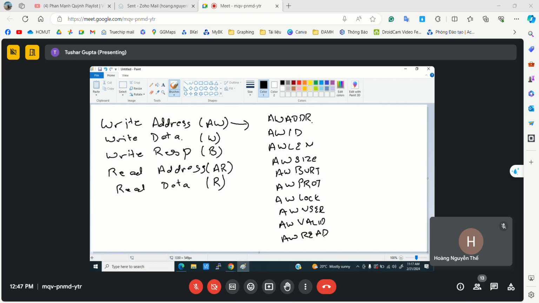So these are all the necessary signals in an address channel, and the same set of signals is also there in the read address channel as well.